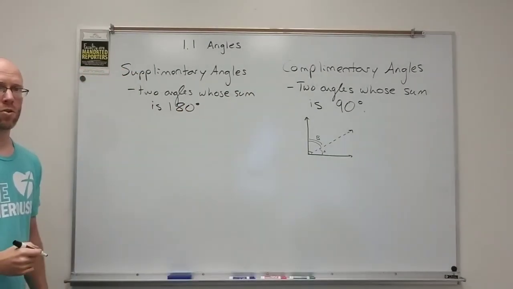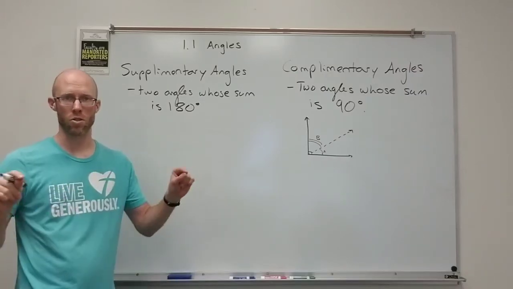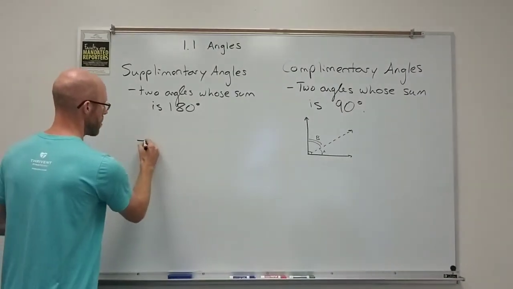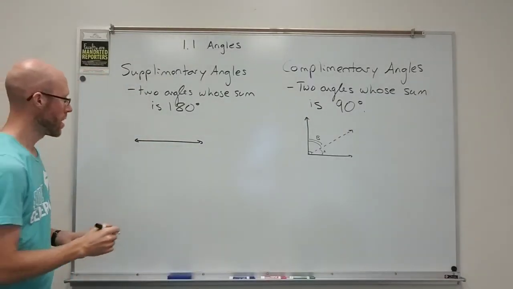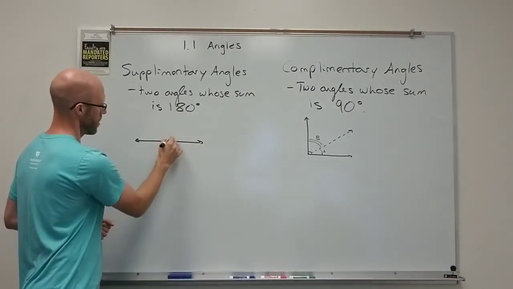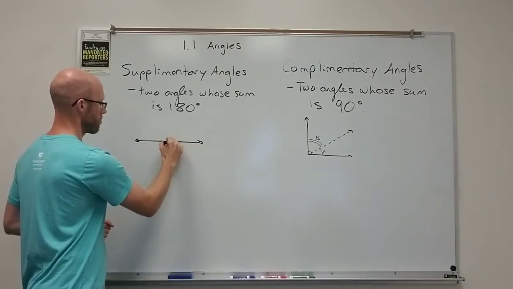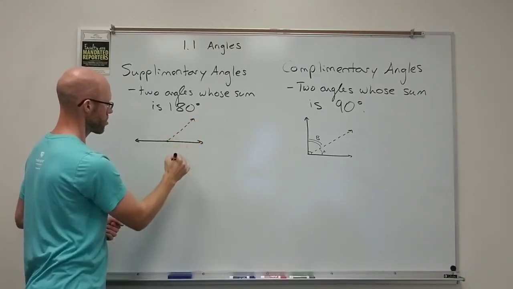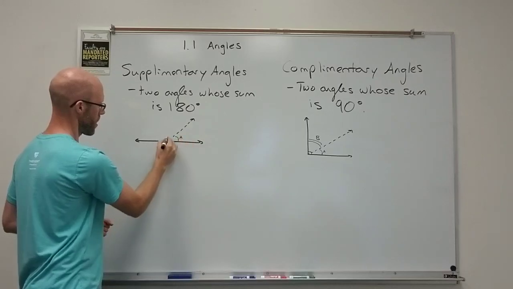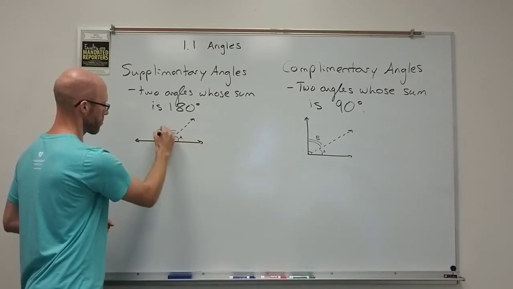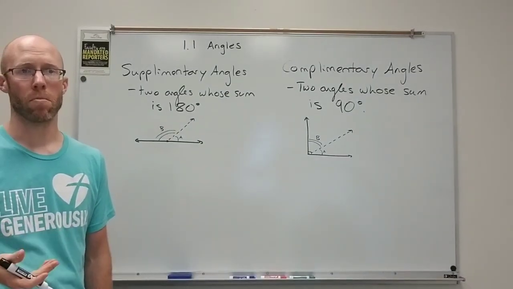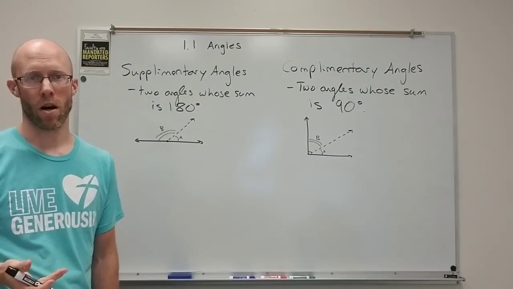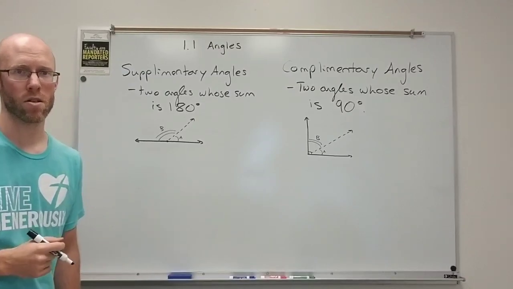A 180 degree angle is essentially a straight line. That's what you get if you had half of the circle. So you could think of any two angles like this one here, we'll call that A, and this other one on the left, we'll call that B. Those two angles make up a straight line or make up 180 degrees, so they are considered supplementary.